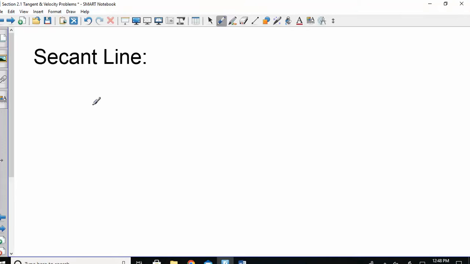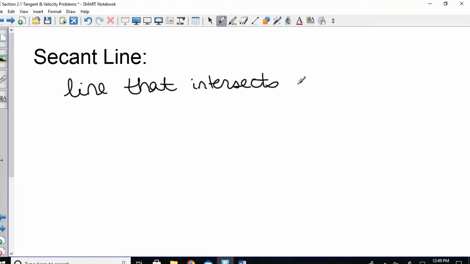Question 6. So what we did right here is we were actually looking at secant lines. A secant line is a line that intersects a curve more than once.